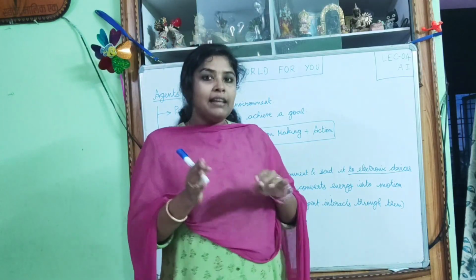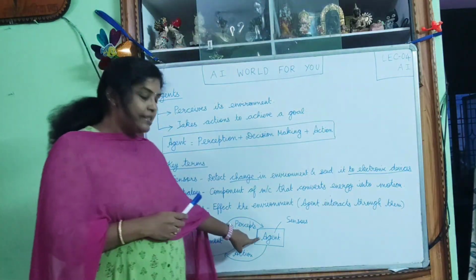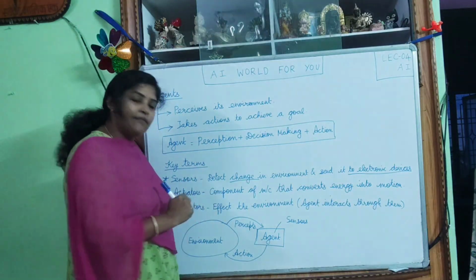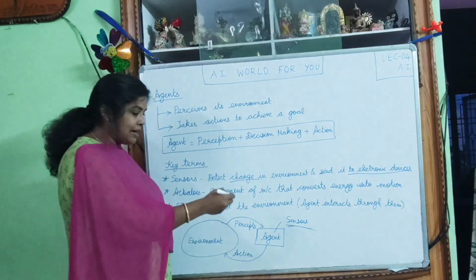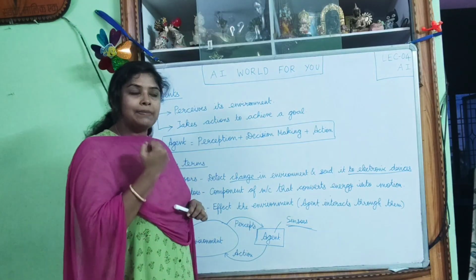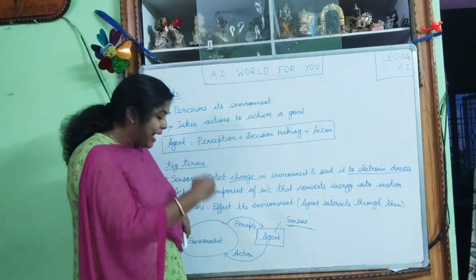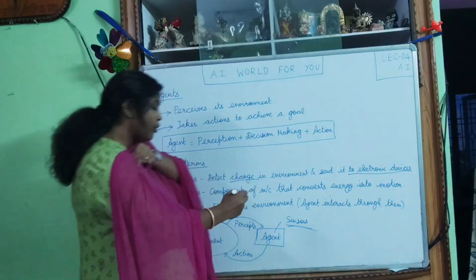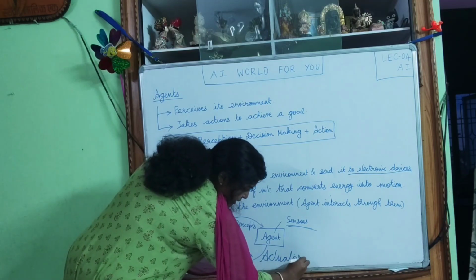To make it very clear, let me explain with this diagram. Consider this is the environment, consider this is the agent. Now our agent is going to learn something from the environment. Our agent is going to sense through the sensors, it will perceive. Perceive means it will understand something, learn something, and interpret something through the data from the environment. And then this agent will send that signal to the actuators. Now my actuators will initiate the necessary action.